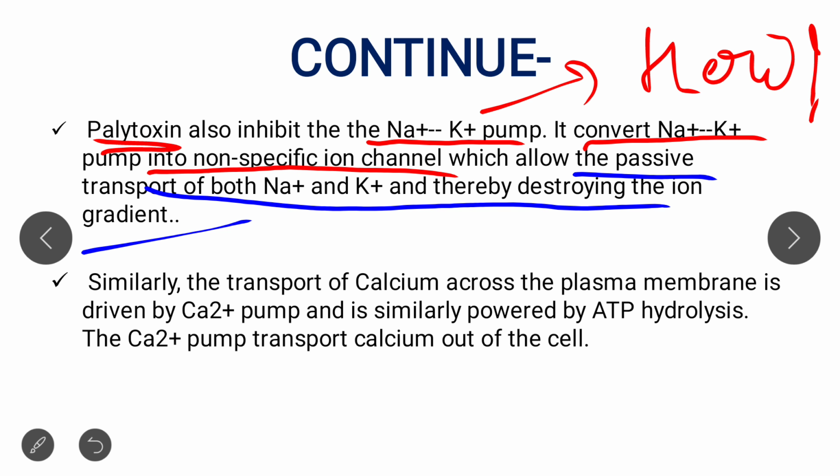This imbalance exists only because of ATP hydrolysis, and if there is no ATP hydrolysis, the ion gradient is destroyed. This is done by the inhibitor palytoxin. Please note that palytoxin is a non-peptide substance.